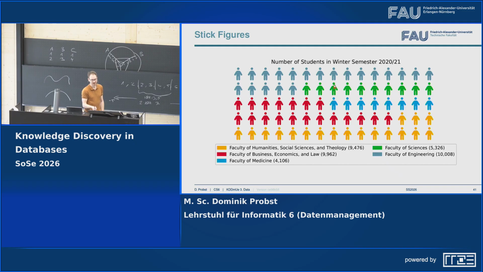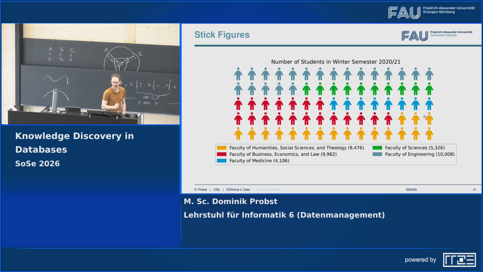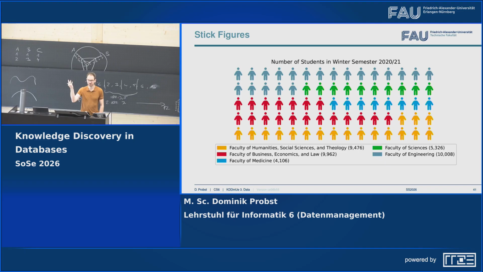So we have 5 faculties, and we can easily comprehend that most students are within the Faculty of Engineering, second most are in the Business, Economics and Law faculty, and then it gets lower to Faculty of Sciences, Faculty of Medicine, and Faculty of Humanities is also here. It's pretty easy to comprehend.